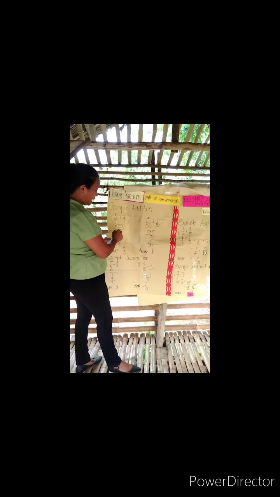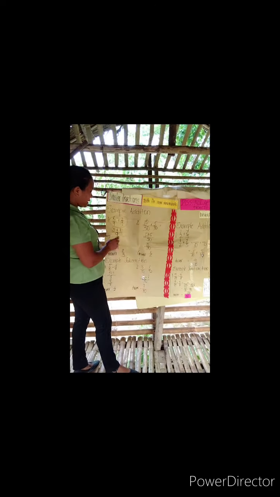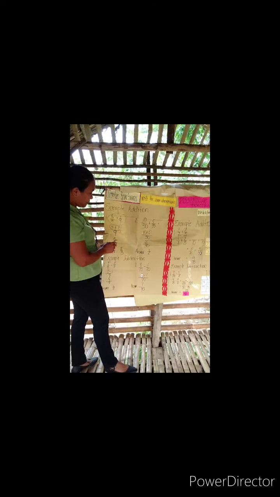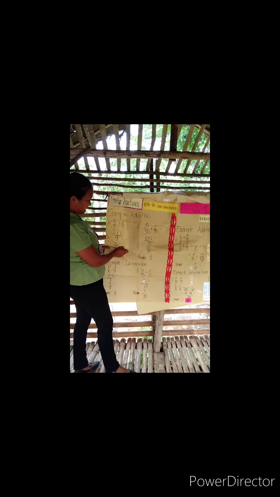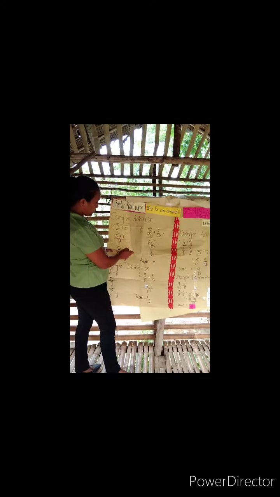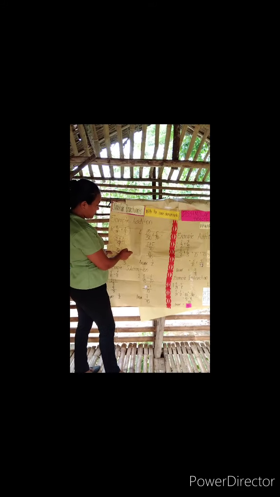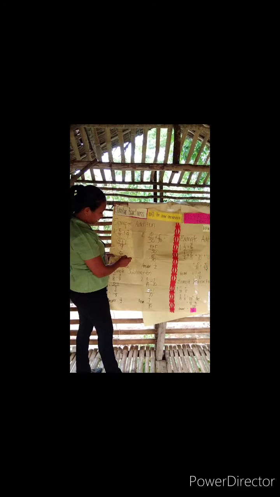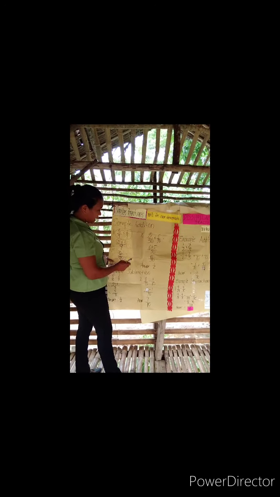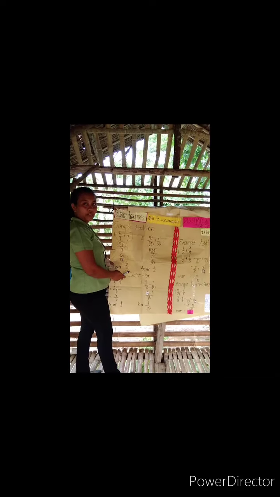Then, the denominators are the same, so copy the denominator. Third step, simplify if needed. What number can divide 6 and 9? So, 3. 6 divided by 3 is equal to 2. Then, 9 divided by 3 is equal to 3.